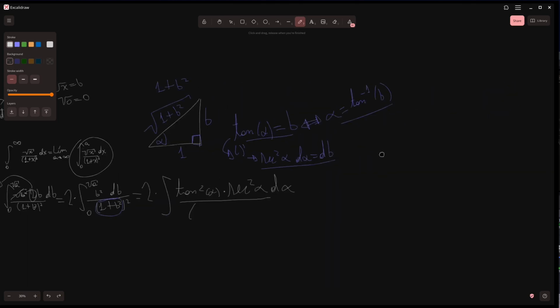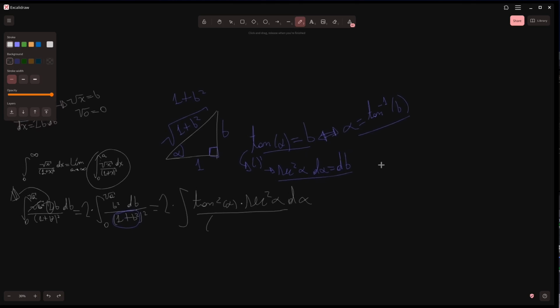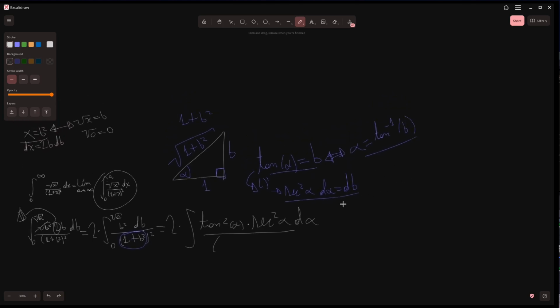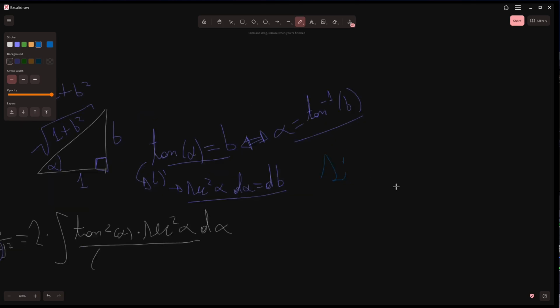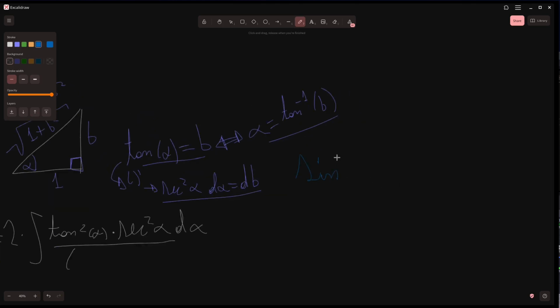we can use the fundamental identity of trigonometry. So we know that the sine square of any angle plus the cosine square of any angle should be 1.